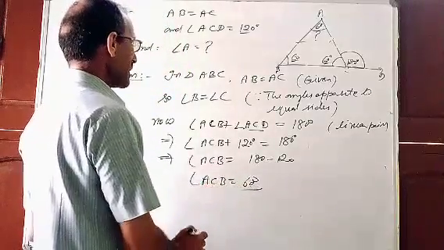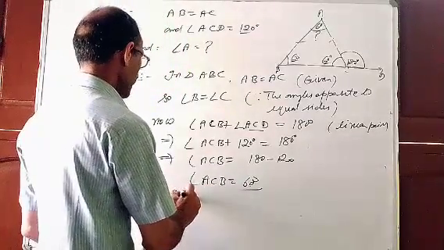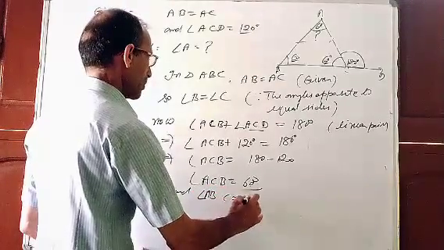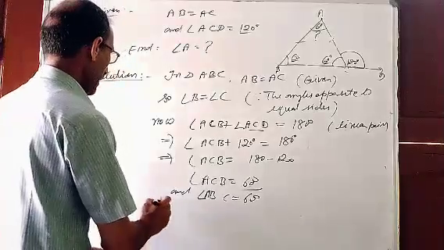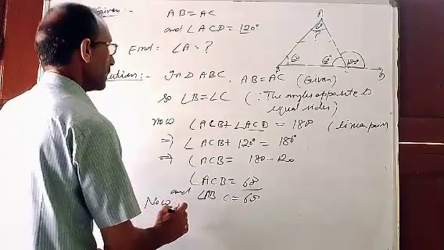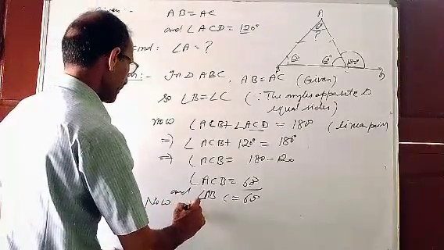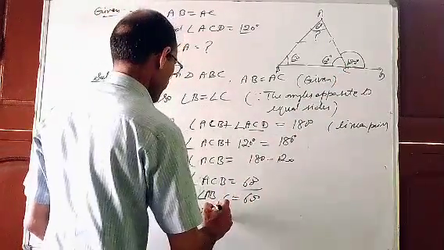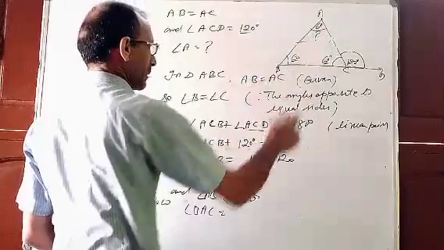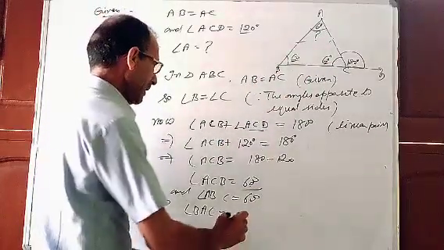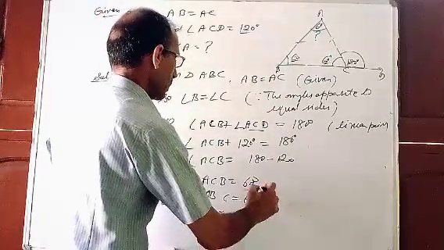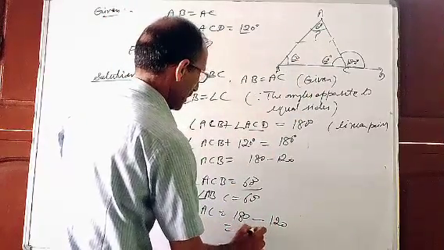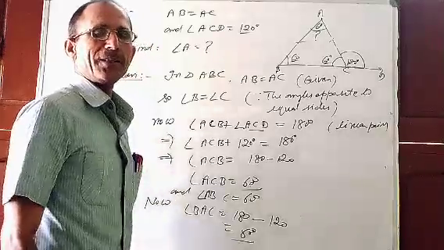So ACB is 60 degrees and angle ABC is also 60 degrees. Now angle BAC: the sum of the angles of a triangle is 180, so from 180 subtract the total of the two angles, 120. So this will be 60 degrees. So angle A is 60 degrees.